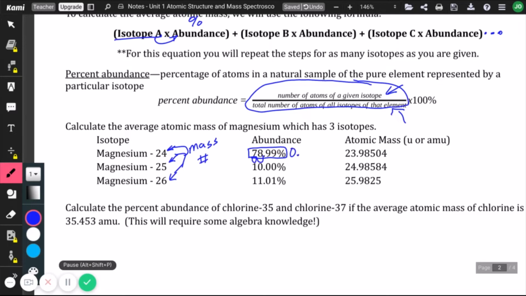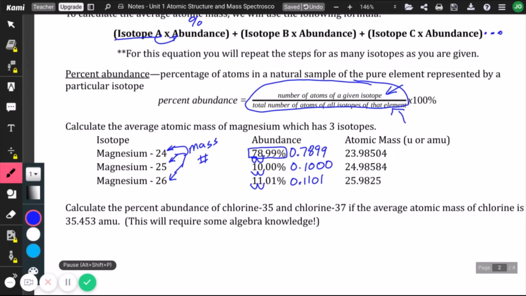So we get 0.7899. We're going to do that with all 3 of those. So 0.1000, and 0.1101. Okay, so now we've got our abundances, and they've actually been converted into decimals to make them a little bit easier to work with when we're plugging them in to solve this problem.